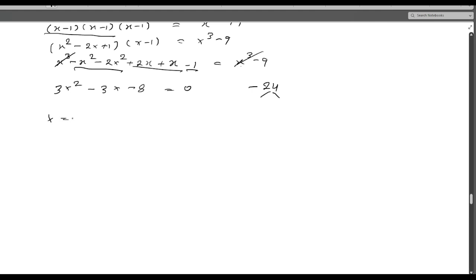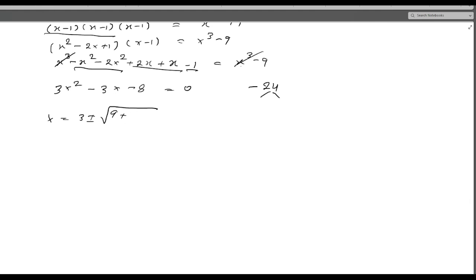So your x is equal to 3 plus minus root of 9 plus 3 times 4 times 3. So it's b square minus 4ac. So b square minus, so 9 minus 4 times 3 times minus 8, whole divided by 2 times 3.